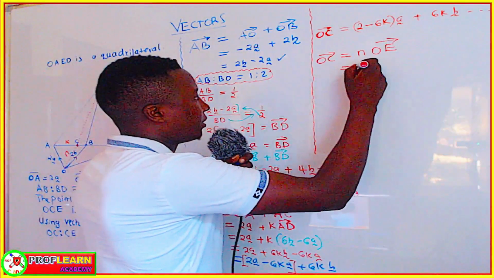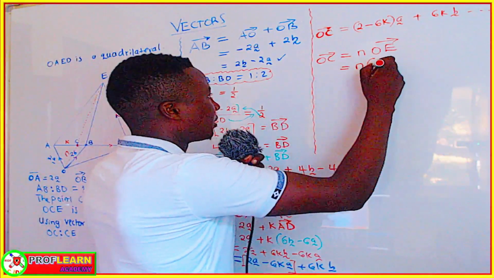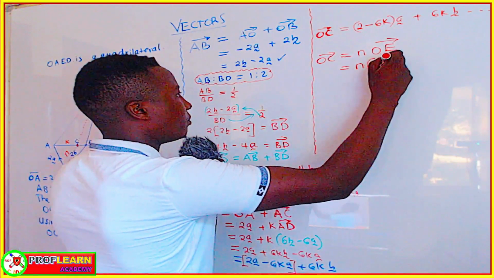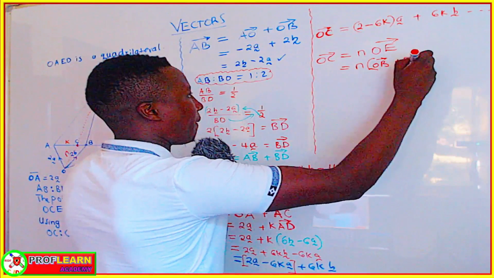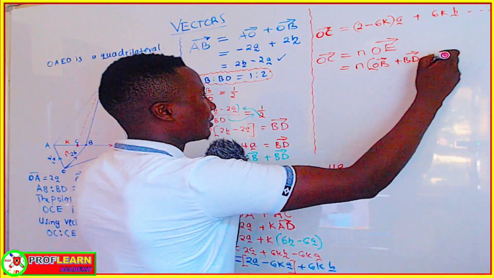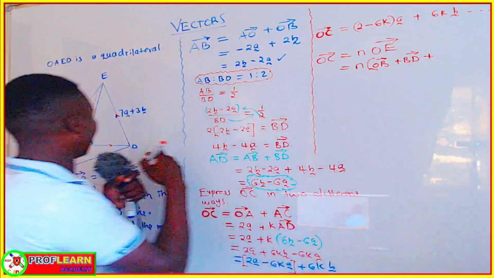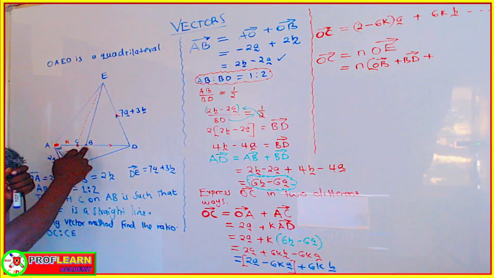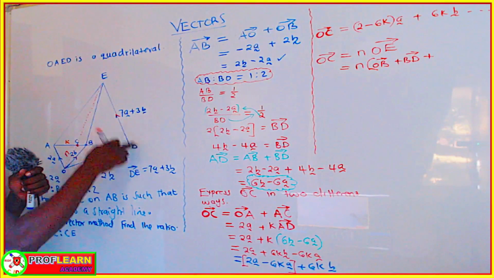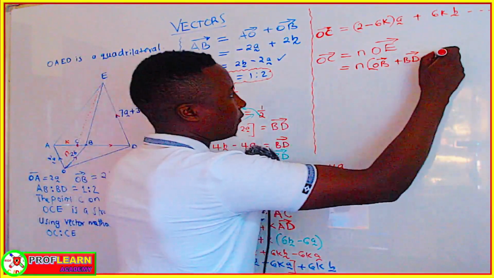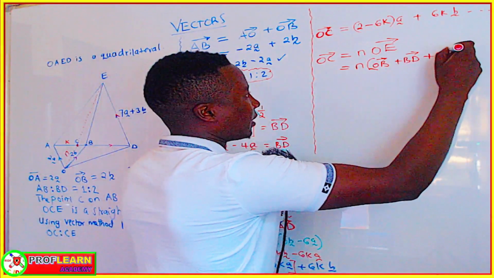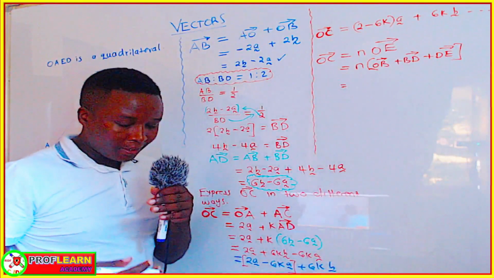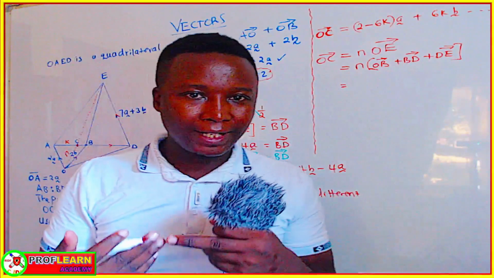But how are we going to get OE? This is going to be N into bracket: OE is OB plus BD plus DE, because we've said we are going to move from O to B, B to D, D to E. Remember when we started this question, I did say that we are analyzing the information.